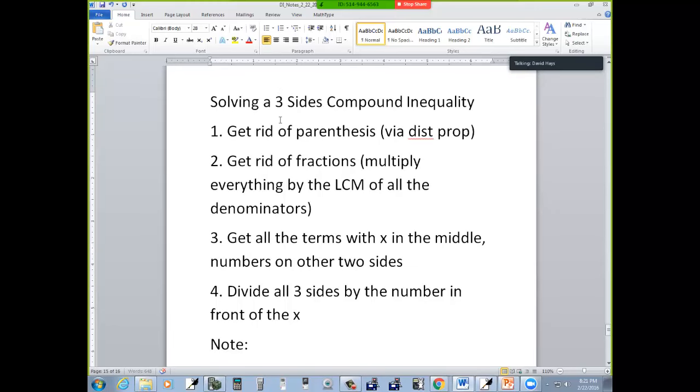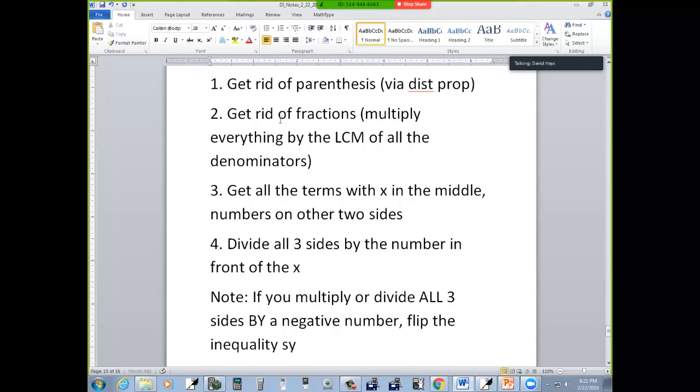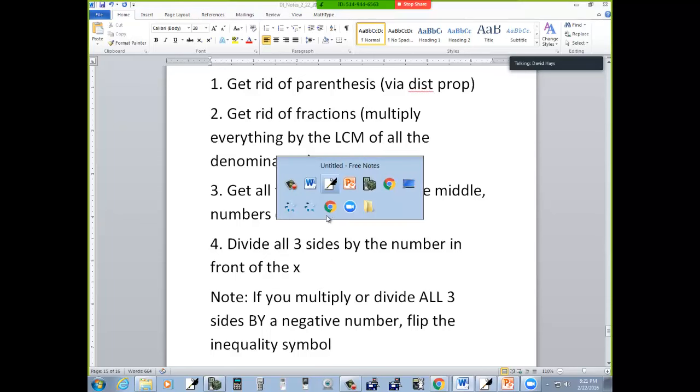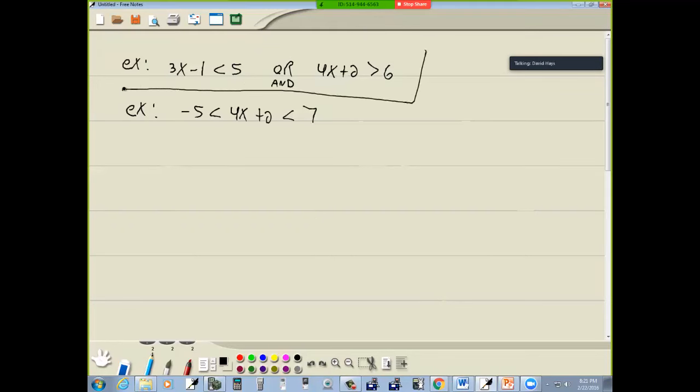And we have a note that says if you multiply or divide all three sides by a negative number, you flip the inequality symbol. So these are steps we're going to go through to solve a three-sided compound inequality. And we'll come back to that top example.